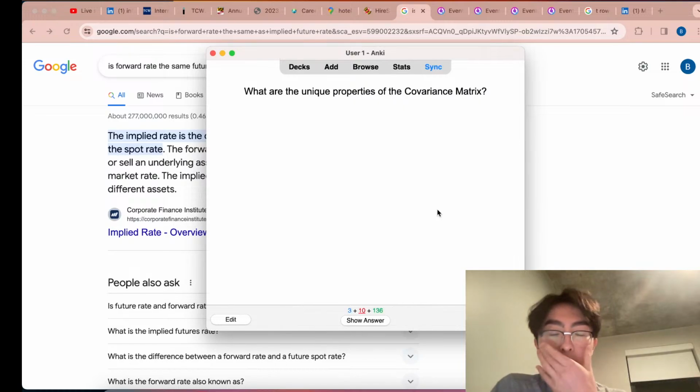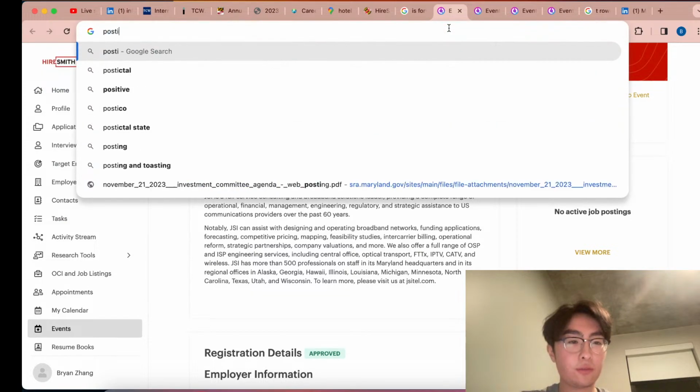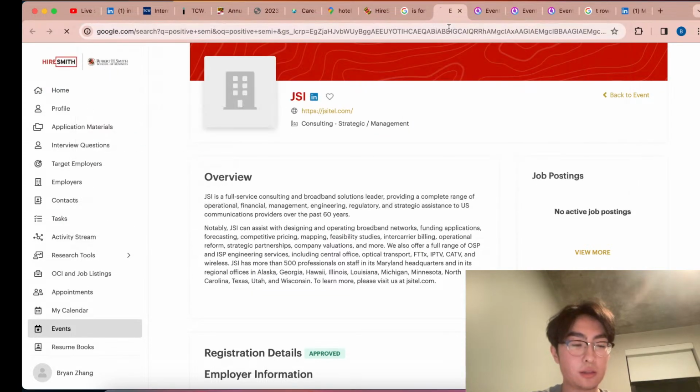What are the unique properties of the covariance matrix? So I think it's positive semi-definite. Forgot what that means. It's square and it's also symmetric. So symmetric, its transpose is equal to itself. Positive semi-definite.